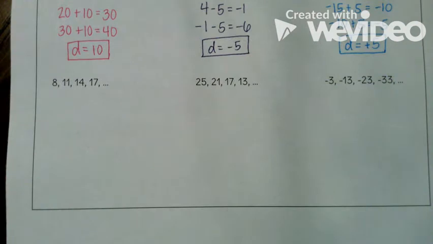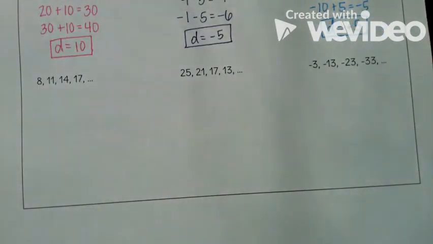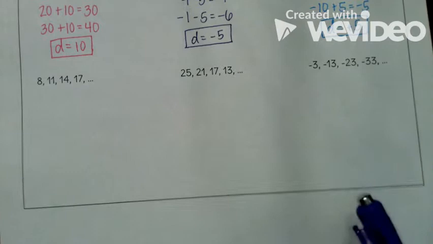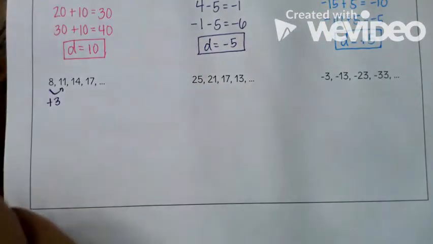Okay, for my sequence 8, 11, 14, 17, what do you think the common difference is? So for this one, to go from 8 to 11, I have to add 3. Then to get to 14, I add 3.